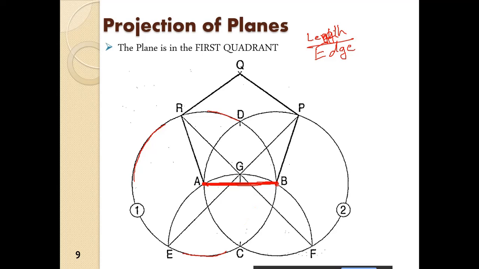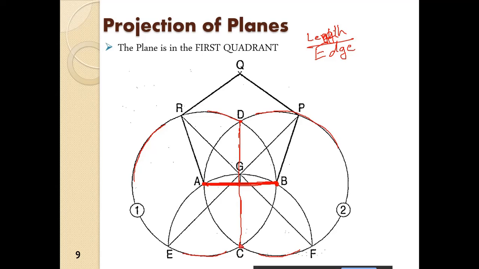Then again B as the center and AB as radius, you draw this circle. Okay. Now once these two circles are drawn, we will have this point of intersection here and this point of intersection here. So you bisect the line AB.